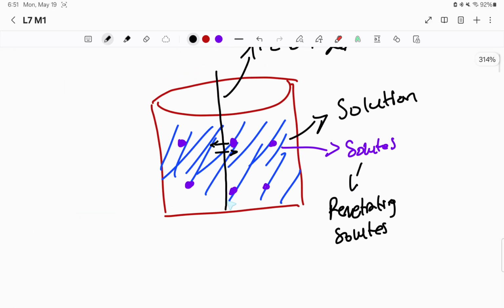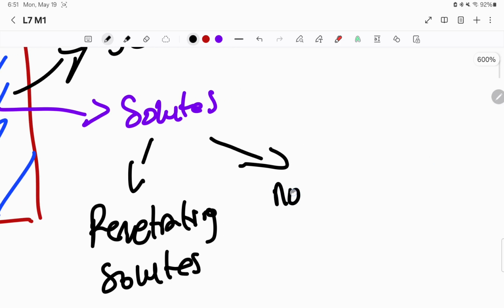But then you have other solutes that can't penetrate it readily. Watch, this one tried to do it, he couldn't do it. What about this guy? He's trying, he can't do it either. These guys are non-penetrating solutes.